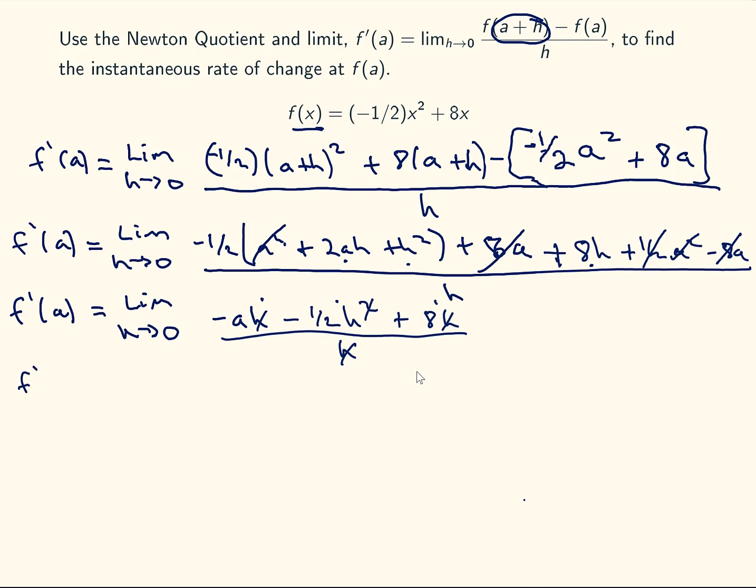Then I can rewrite this as f prime a is equal to the limit as h approaches 0 of negative a, negative 1/2 h, plus 8, and that's going to just be equal to negative a plus 8.